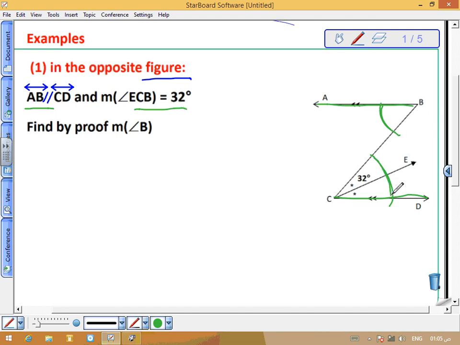And when we look at the figure, we find that CE is a bisector of the angle C. Then measure of angle ECD equals 32 degrees. Then we can say that measure of angle C equals 32 times 2 equals 64. Okay, the measure of angle B equals 64. Let's write this answer.